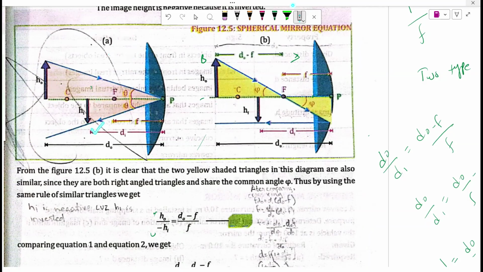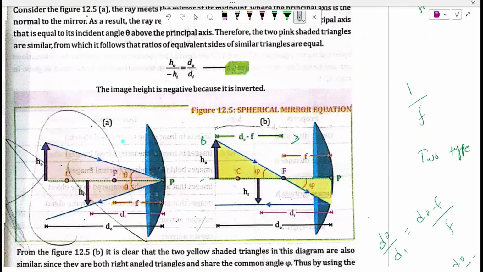So we can easily compare this triangle to this triangle. Now these alternate angles are also equal, and again we have 90 degrees. This was the first equation in reference to this triangle: h i over h o, with a negative sign used here in order to show that the image is inverted in comparison to the object.